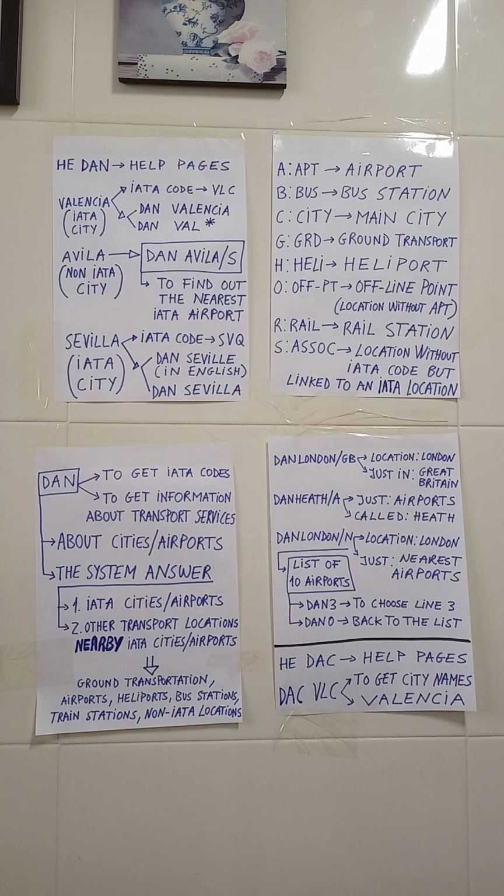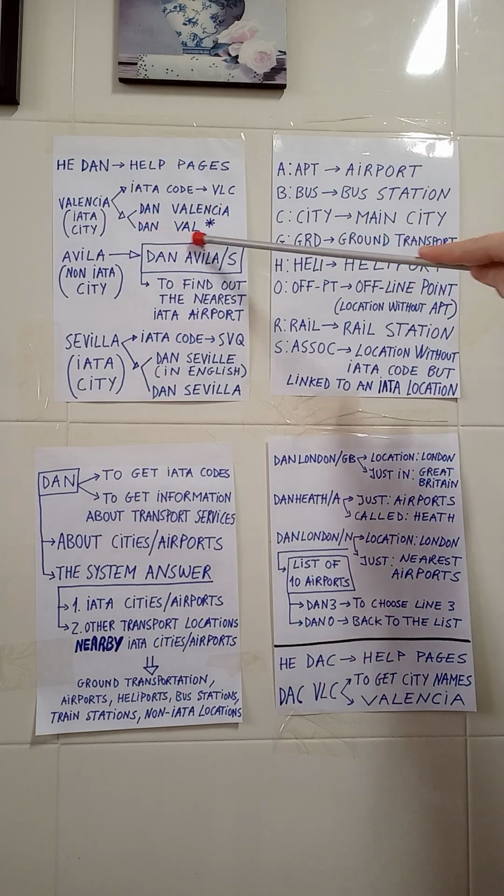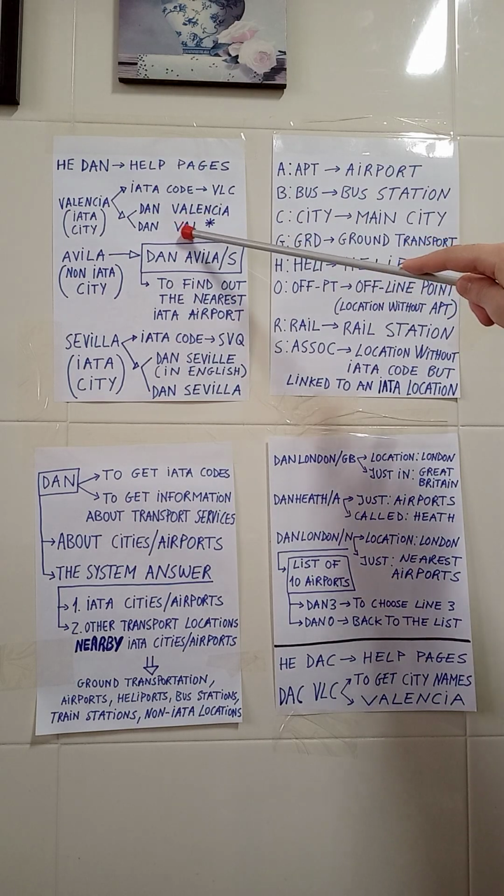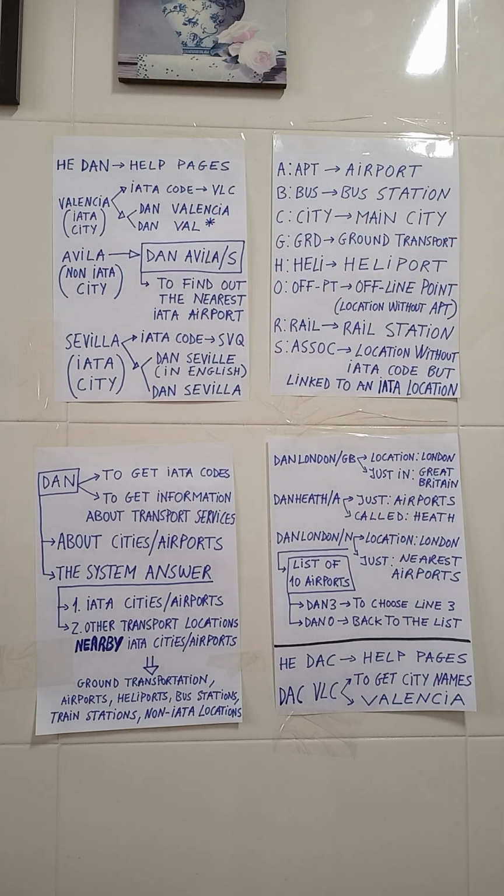The second option is to write the first three letters of the city's name followed by an asterisk. That is DAN VAL asterisk.